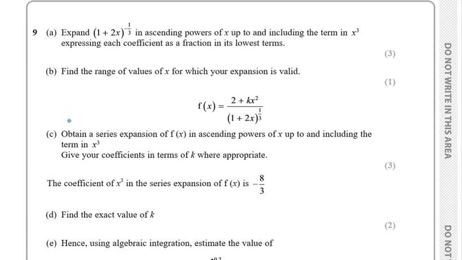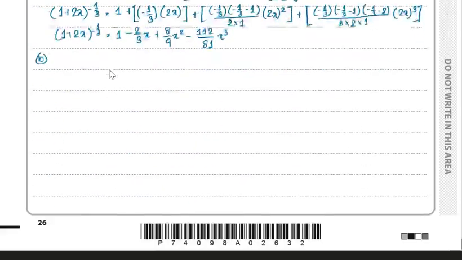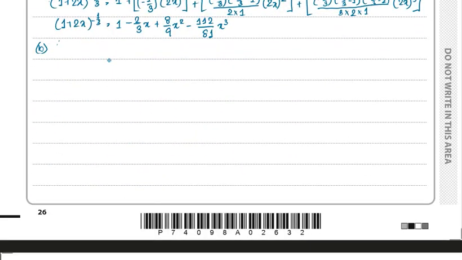For part B, they have asked us to find the range of values of x for which the expansion is valid. For finding the range of values of x, you first need to look at the expression. If the expression is given in terms of x, which is our case, then the range of values of x would be in terms of this.